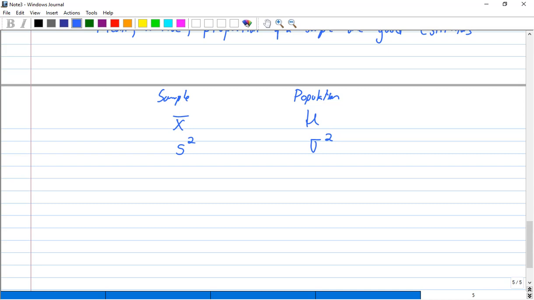So S squared is a point estimator of sigma squared. They're both variance. It's just that, with a sample, we have S squared. With a population, we have sigma squared.